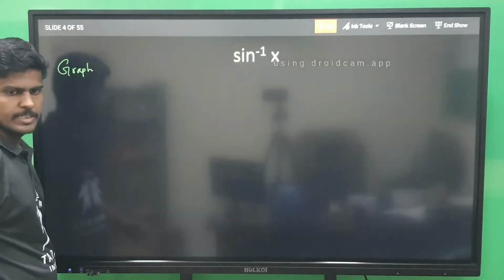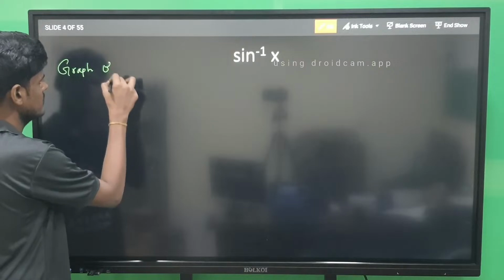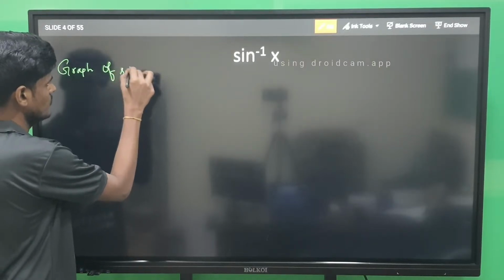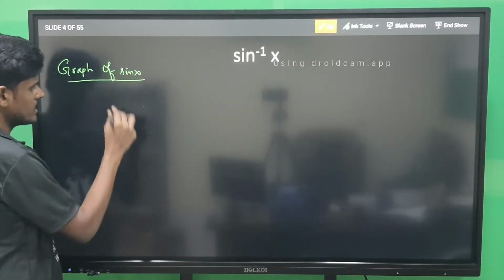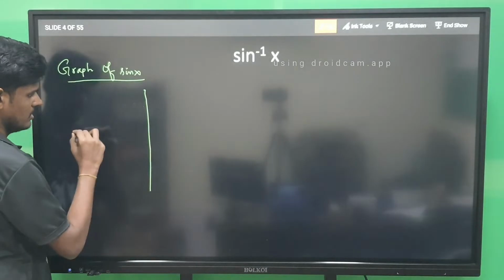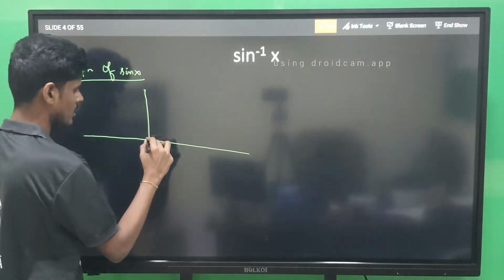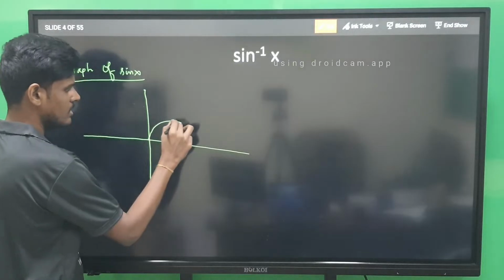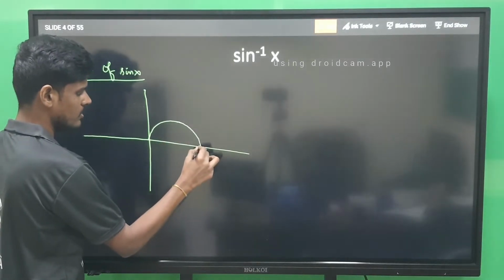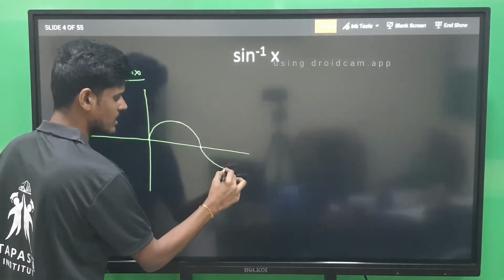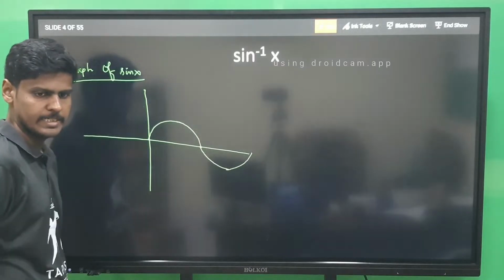First we will start with this graph of sin x. What is the graph of the sin x curve? Sin 0 is 0, sin 90 is 1, sin 180 is 0, sin 270 is minus 1, sin 360 is again 0.